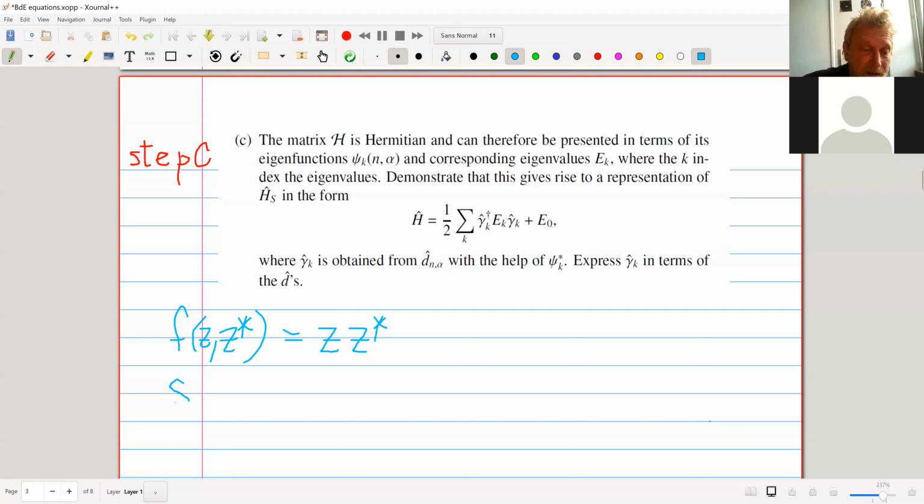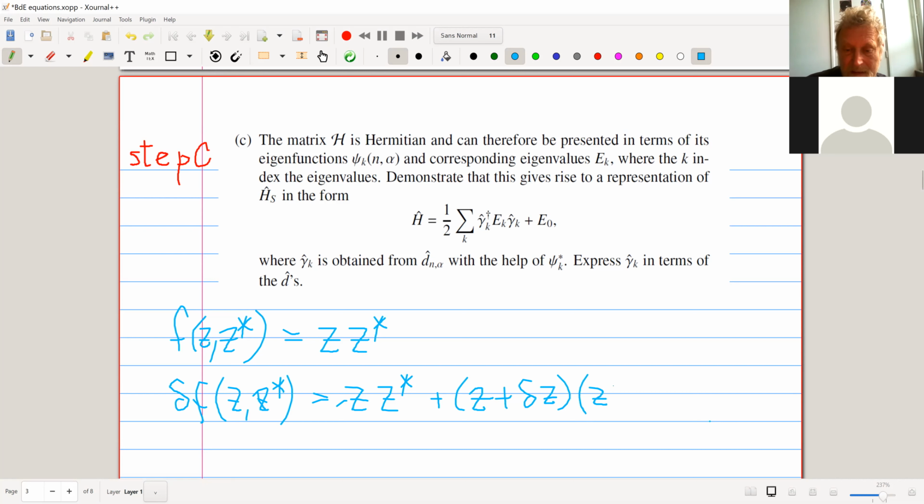It's a variation. z plus delta z, z conjugated plus delta z conjugated.